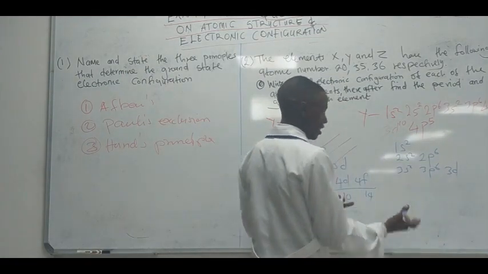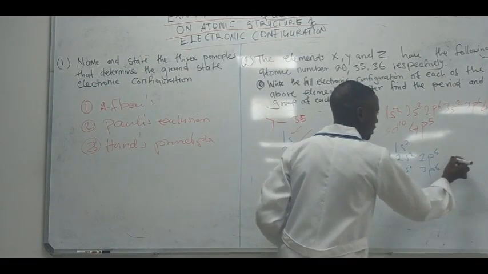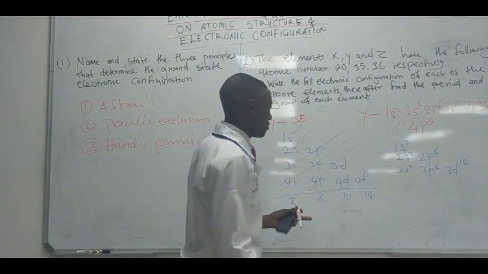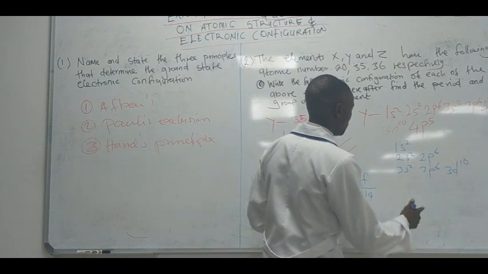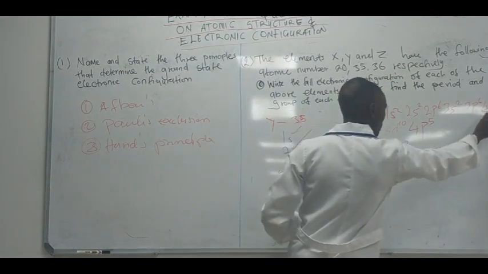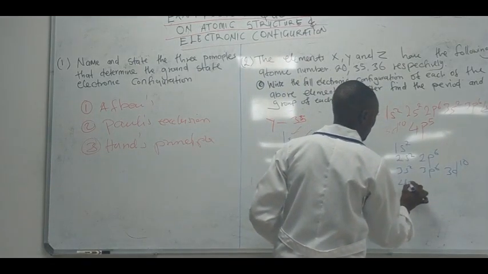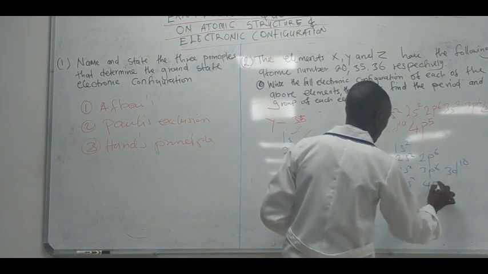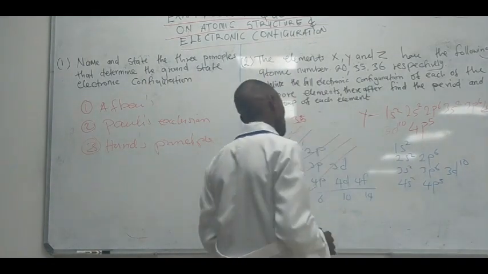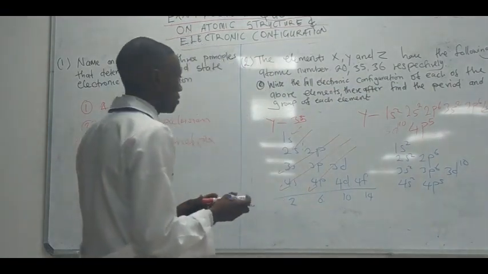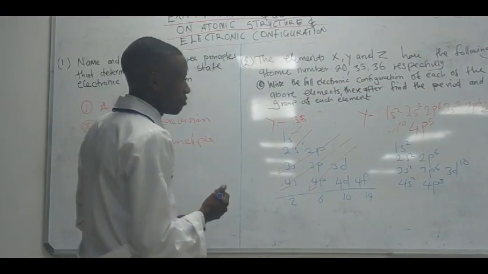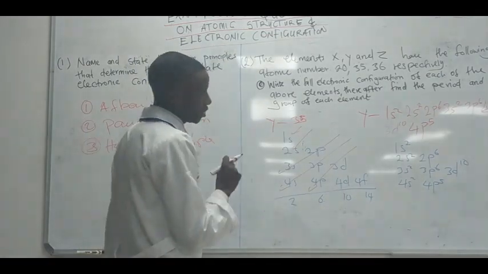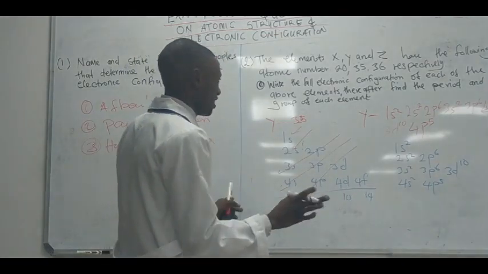And what is my 3d? 10. So I have to put my 10 there. From there now, what do I have? I have my 4s, which is 2, and then I have my 4p, 5. This is how you present your information using this model, and it helps you to come up with the period and the group clearly.